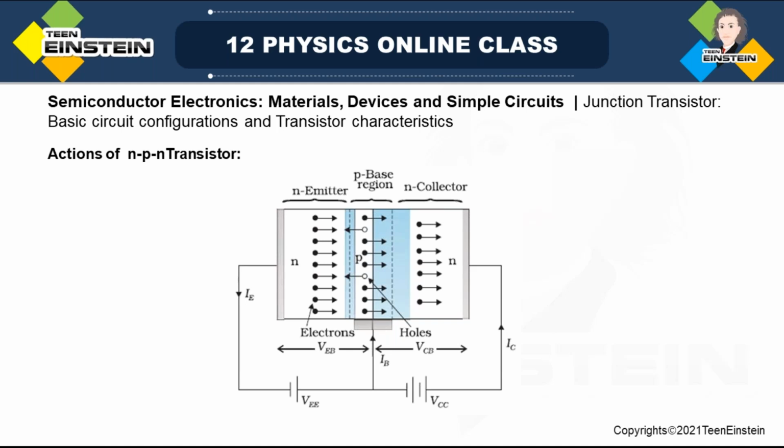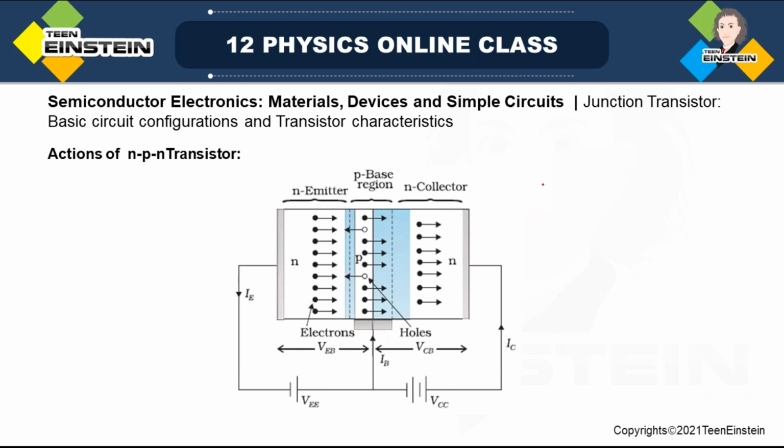So we'll again be learning how to bias a transistor. We had already learned a little bit about how to bias a transistor, like here, an NPN transistor. We had two different types of battery, VEE and VCC.